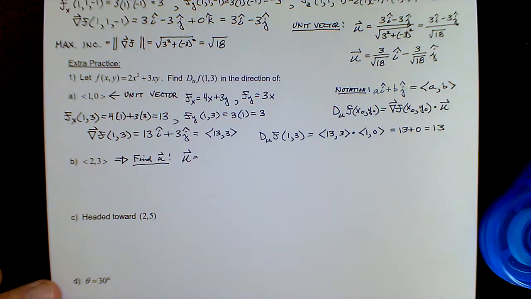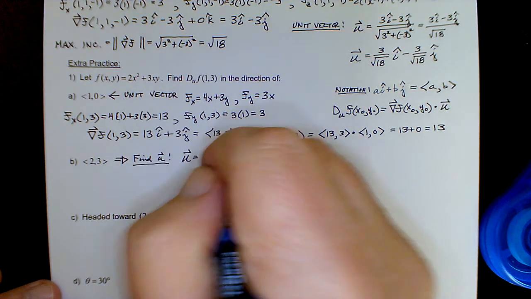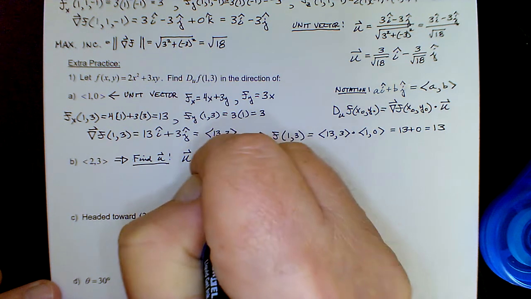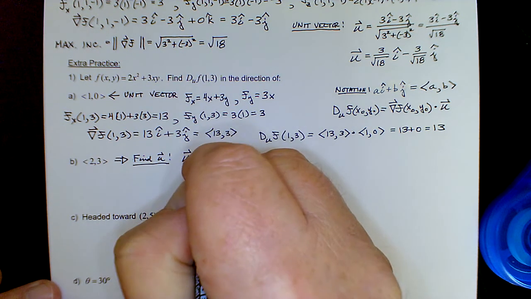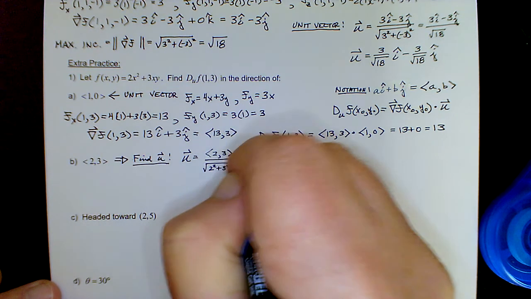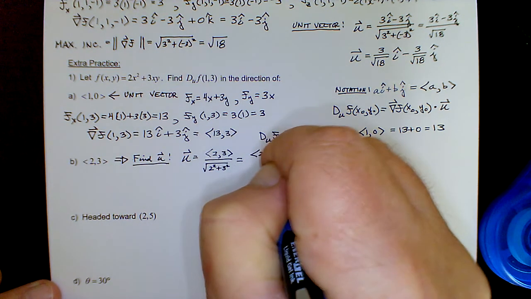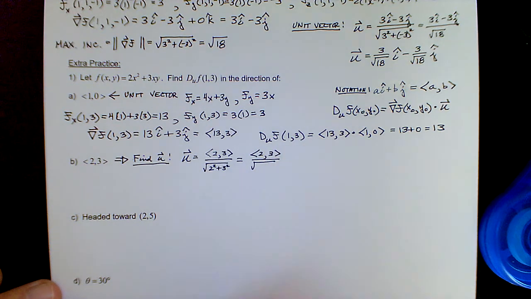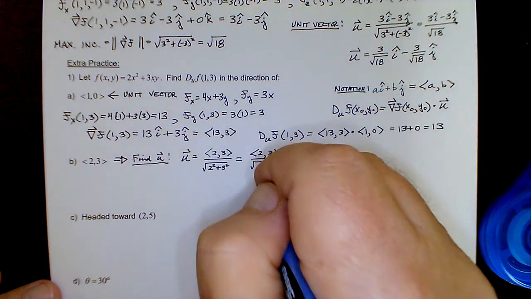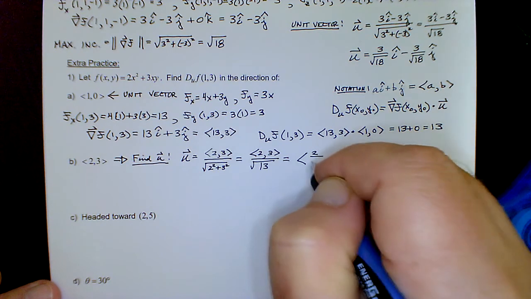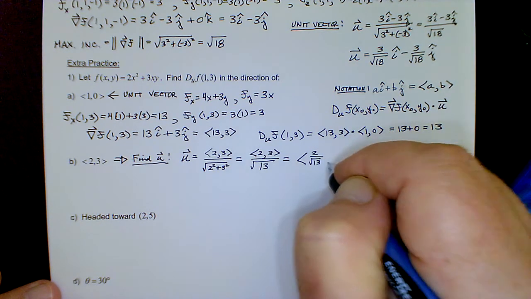I'll use the vector notation because it makes it a little bit easier. So <2, 3> over the square root of 4 plus 9, 13. So we get <2 over the square root of 13, 3 over the square root of 13>. That's our unit vector.